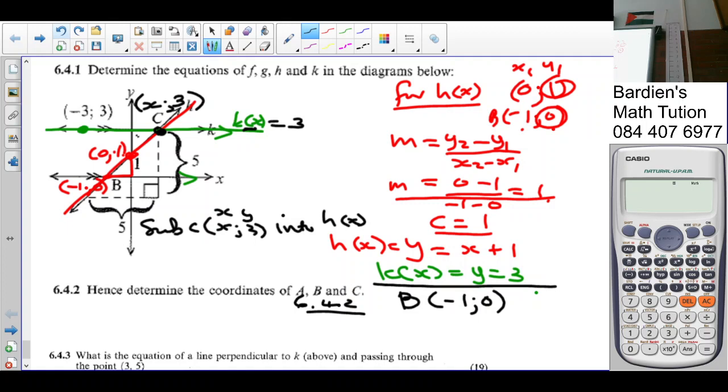So we're going to have 3 is equal to x plus 1. So how do we get x on its own? We move the 1 over. So x is equal to 2. Can I now conclude what C is? C would be 2 and 3. Does it make sense?